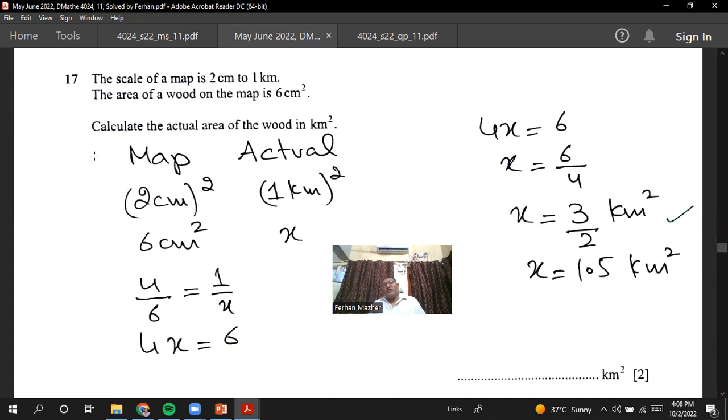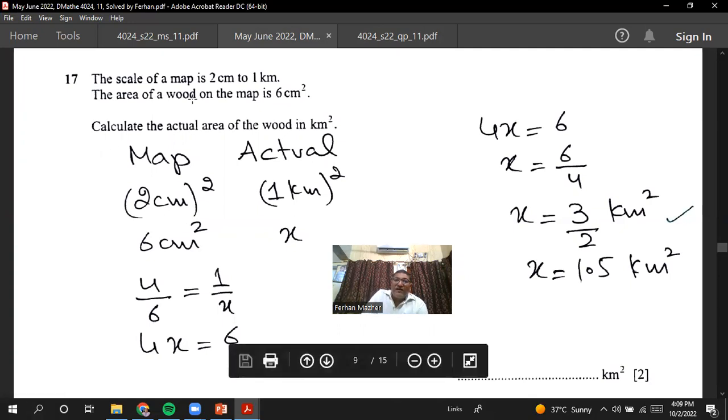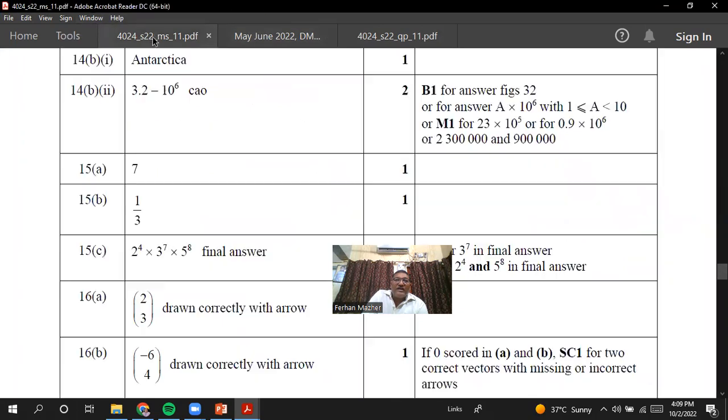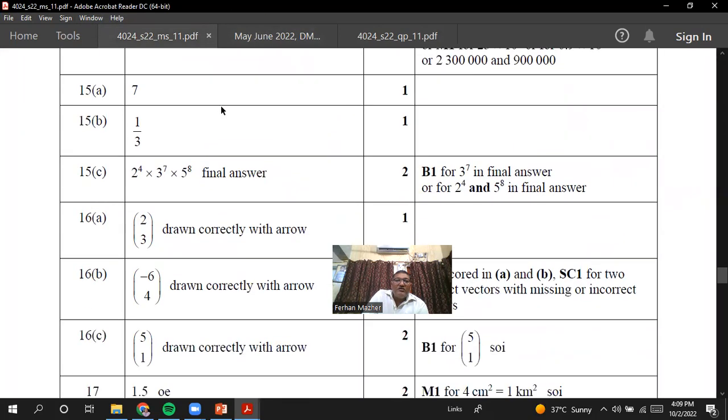And 6 centimeters square on the map, how much will be in the actual? So you will have 4 by 6 equals to 1 by x. So cross multiply, 4x equals to 6, x equals to 6 by 4, and x will be equals to 3 by 2 kilometers square. So x will be equals to 1.5 kilometer square. That's question number 17.